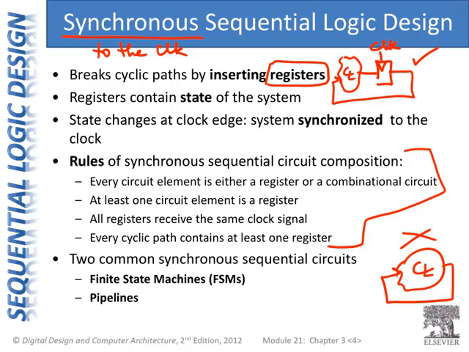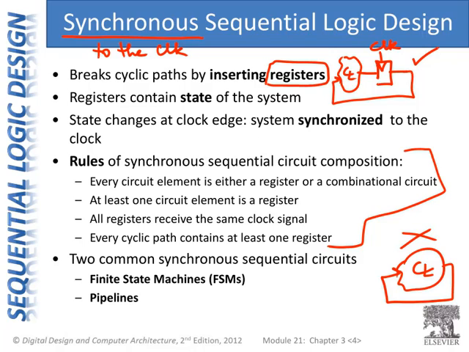So here are our rules of synchronous sequential circuit composition. Every circuit element is either a register or combinational logic. We have at least one register in our system, and all registers receive the same clock signal.